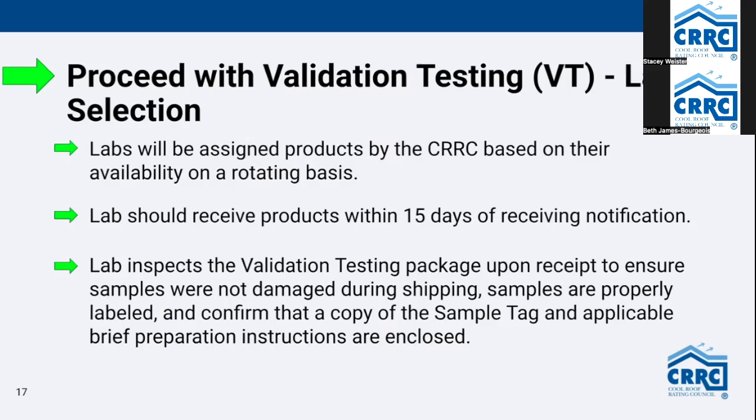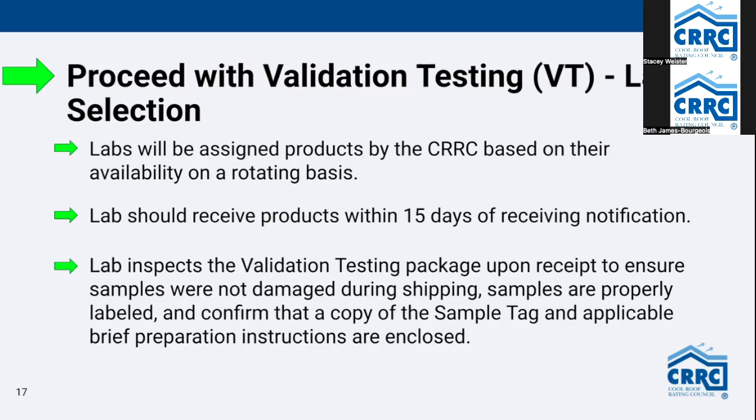Once the licensee indicates that the product is available to ship, the CRRC will also notify the selected lab. The lab should expect to receive the product within approximately 15 days of being notified.